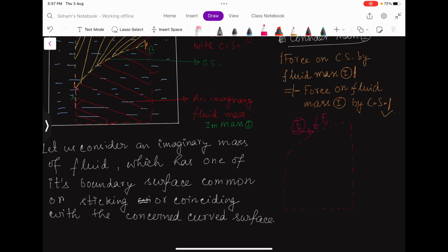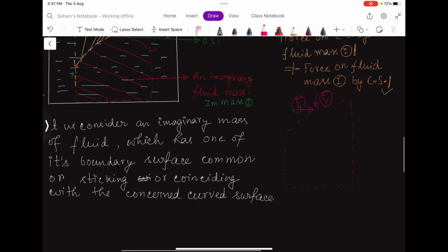These same components, in magnitude, will be applied on the curved surface, right? So how can I find this Fh and Fv?